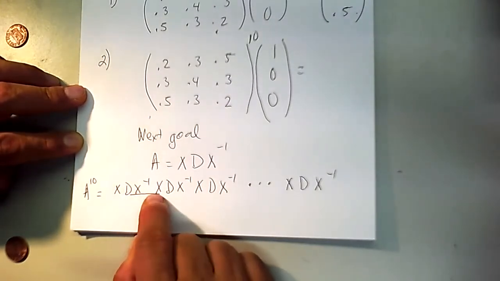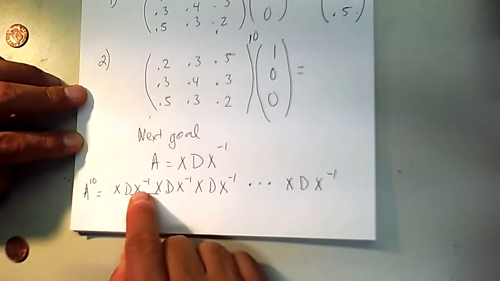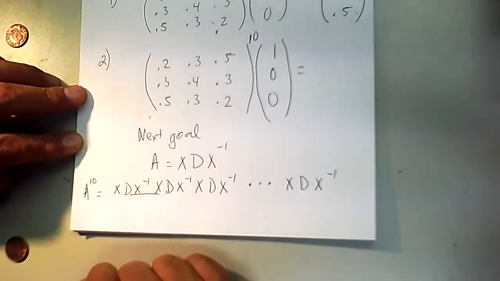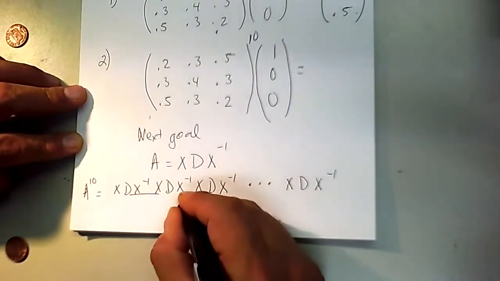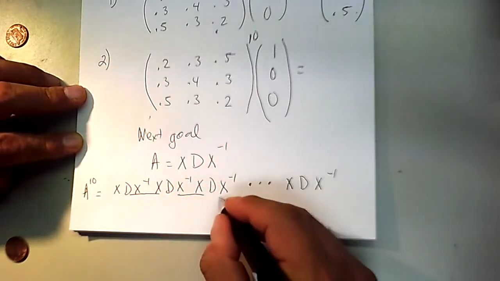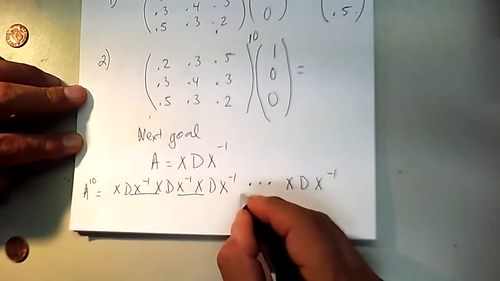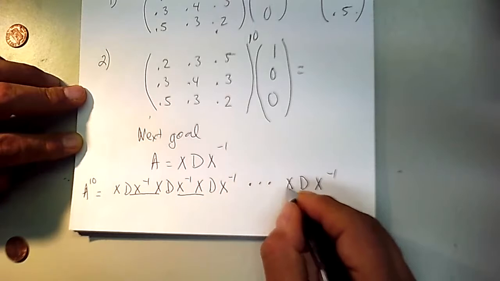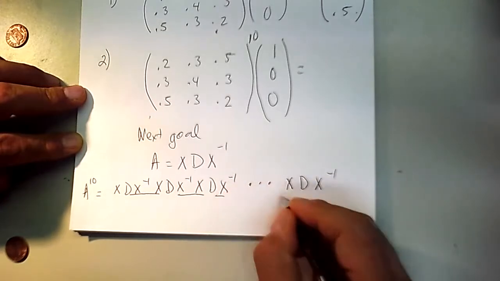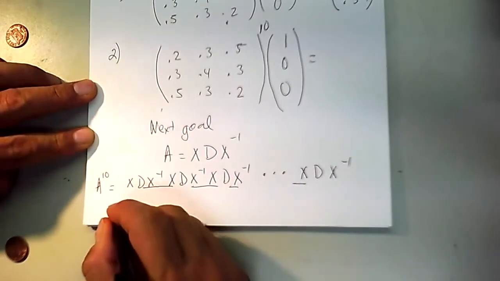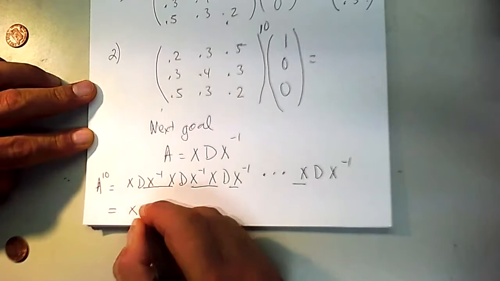The identity matrix does not change anything when multiplying, so we can cancel out those 2. That's essentially what happens. Those 2 cancel off, and this one will cancel with the next one, and that X cancels with the previous one. In other words, eventually those 2 cancel off, and we end up with X.